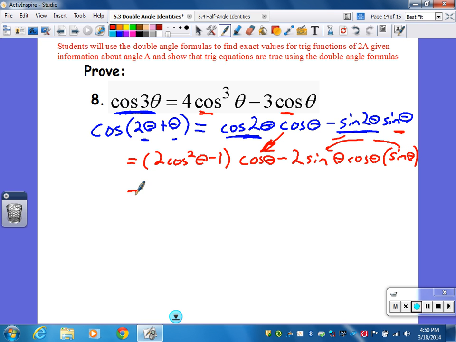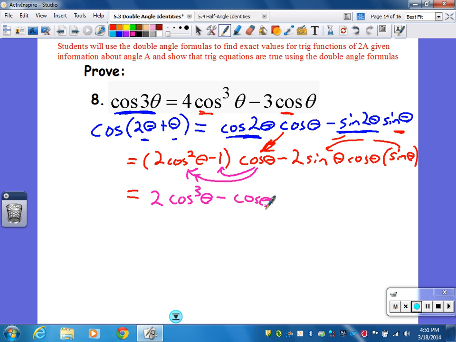So I'm going to write, with me multiplying this in here, so I just multiplied it to the same spot. If any of you didn't notice that. So I have cosine multiplying by 2 cosine squared theta and cosine times 1. So I'm going to write it as 2 cosine cubed theta minus cosine theta.